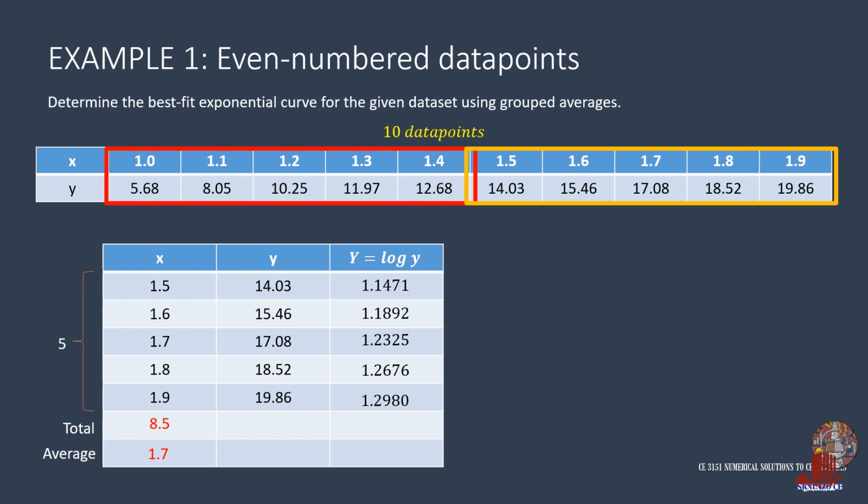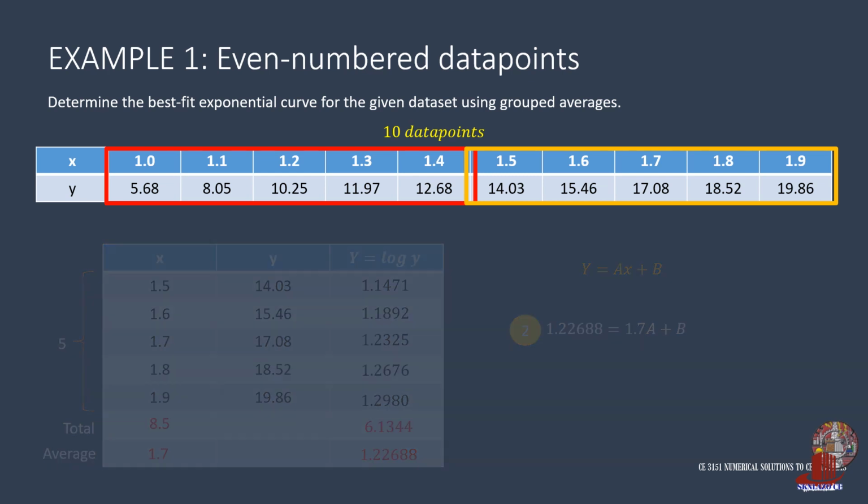Take the summation of all capital Y values and arrive at 6.1344. If this is divided by 5, Y average is 1.22688. With the table completed, the linear equation for the group is then 1.22688 equal to 1.7A plus B. This is equation 2.